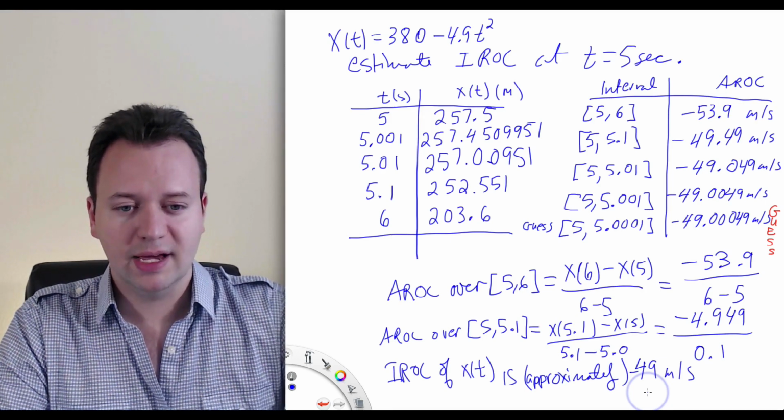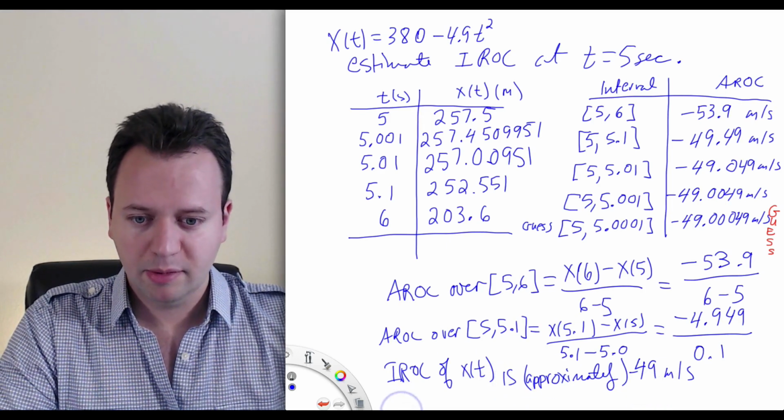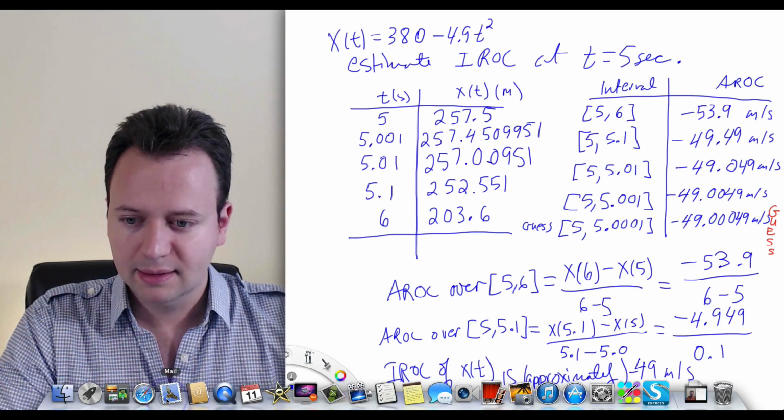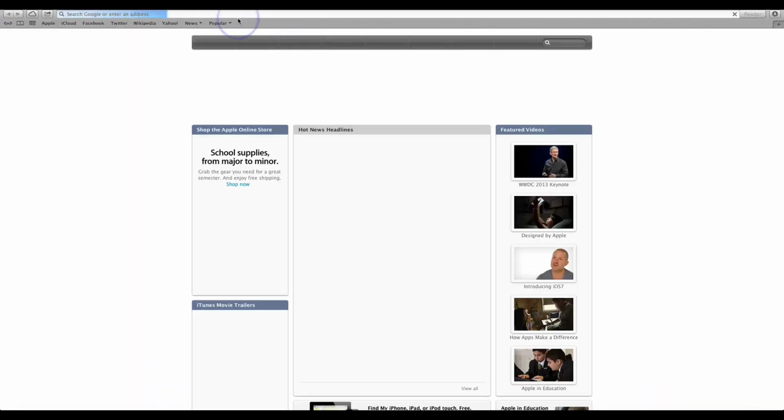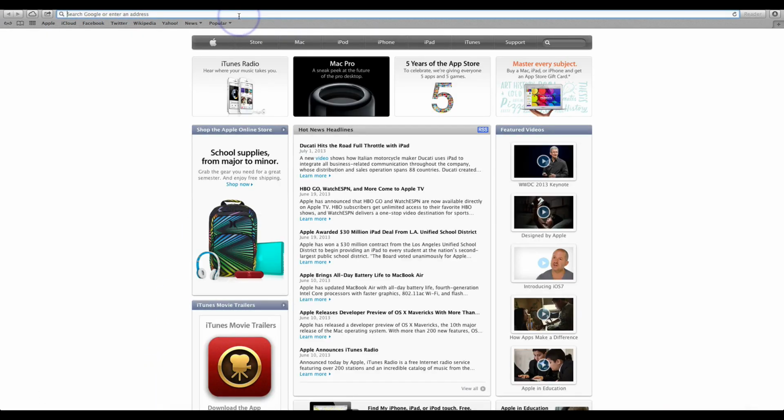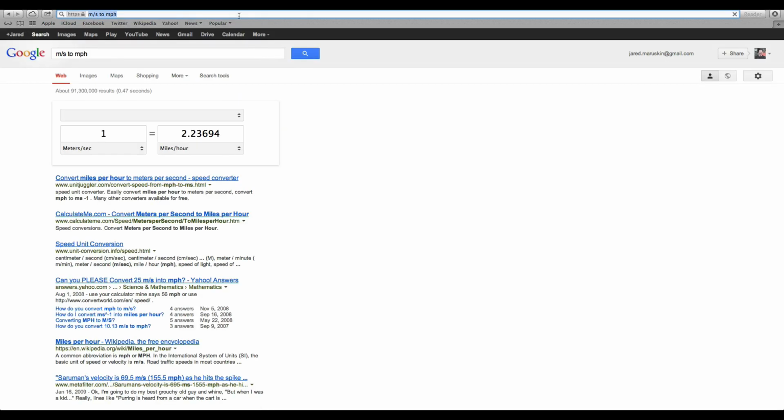Don't have a conversion table handy, but it's probably pretty fast. Let's just go to Safari. Meters per second to miles per hour. So let's see, 86.3, about 200 miles per hour.